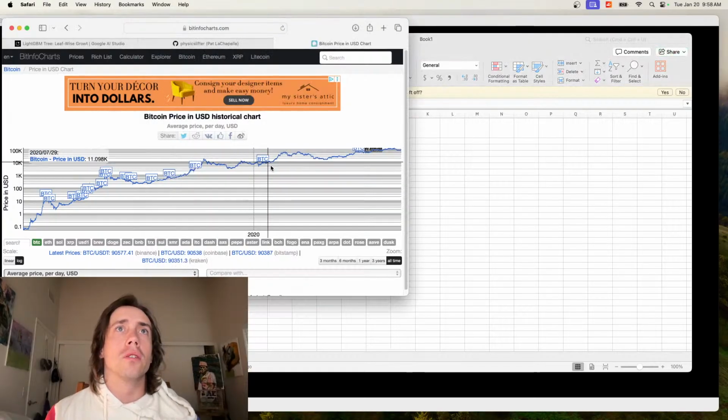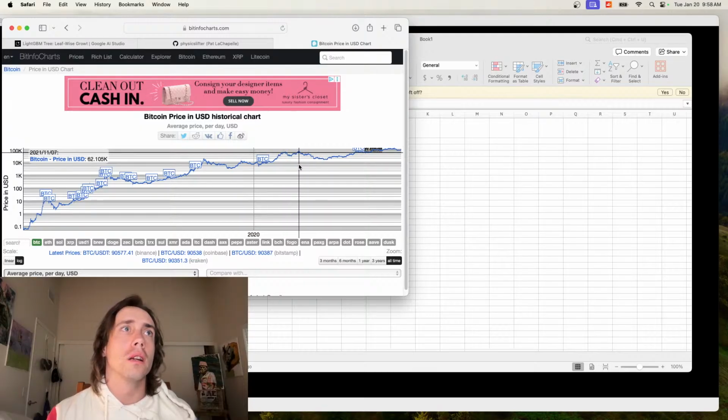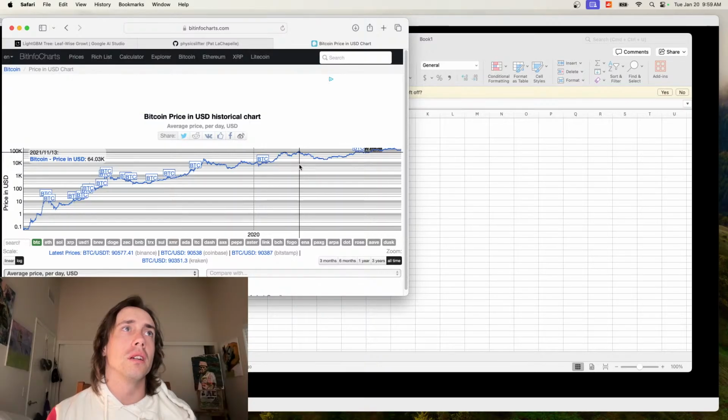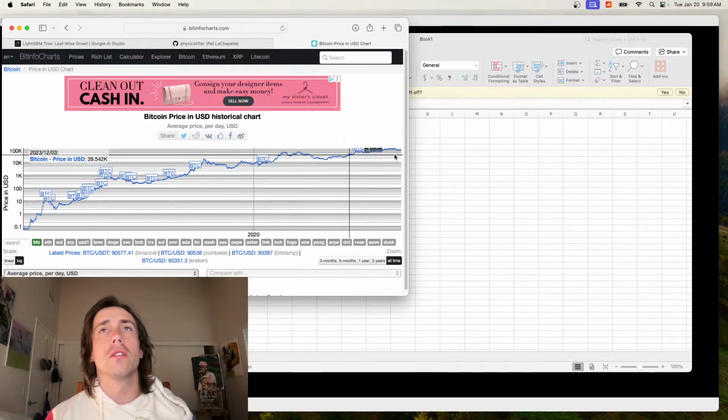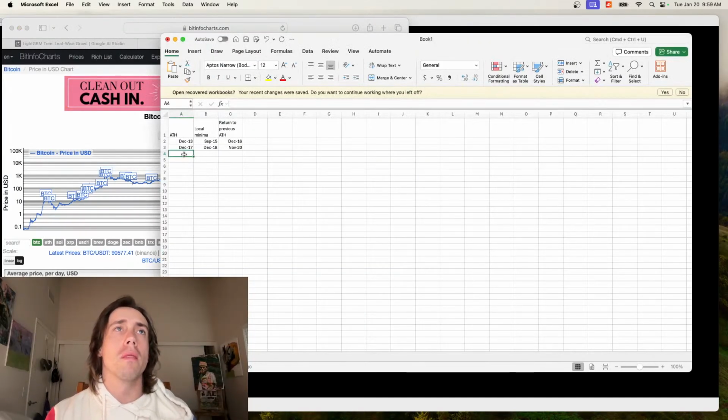And then we make the new all-time high here, 58K, went up to like 69K. Wow, that was such a brief moment in time. We didn't capture the 69K, so say that high is about 62K, November 2021.